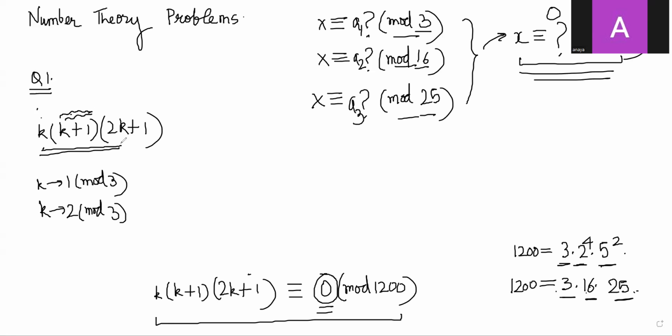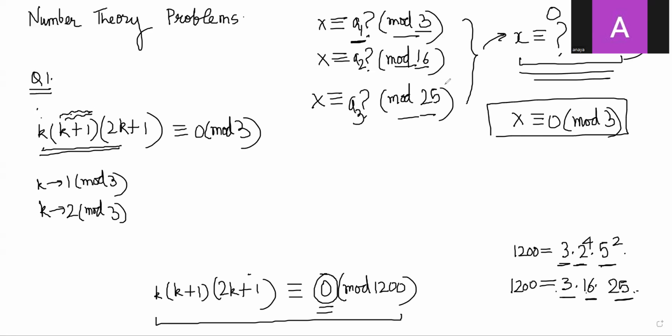Basically, in all cases, this thing is 0 mod 3. So here we get a1 should be 0, x is congruent to 0 mod 3, no matter what x you take.